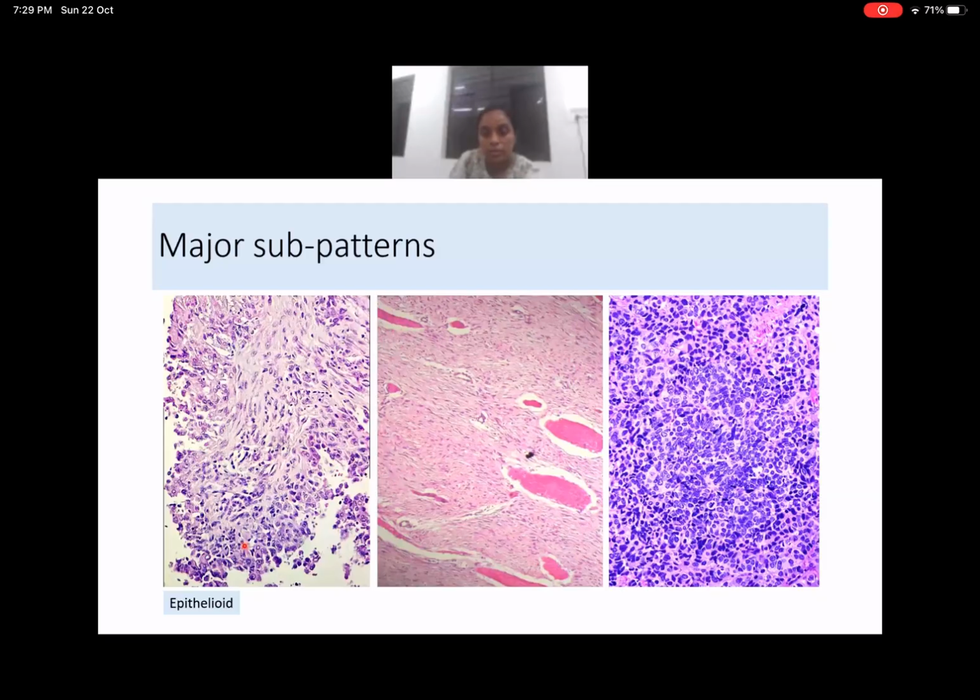Yes, Sudesh? In the second picture, ma'am. No, I'm asking you if you had a sarcomatoid squamous carcinoma, what kind of pattern would you call it? Fascicular pattern, ma'am.